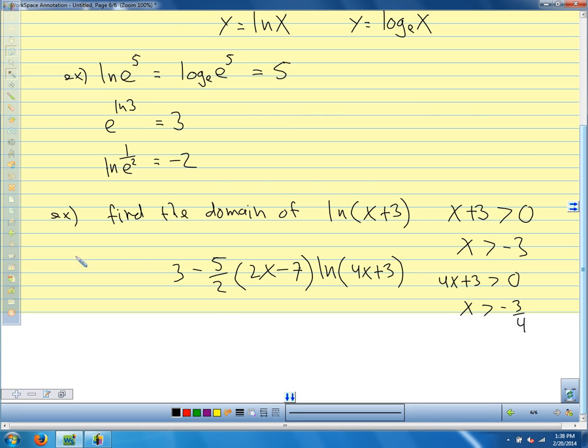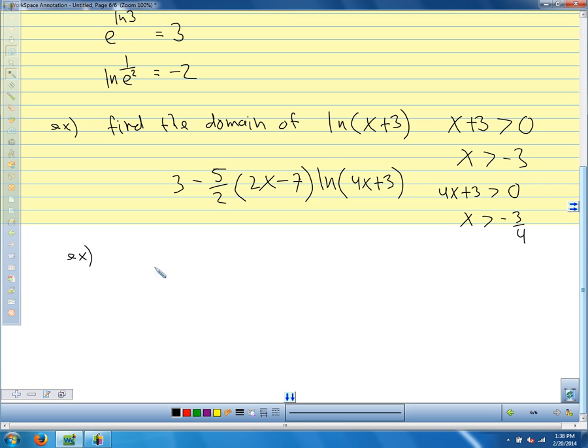And one last example. What if our problem said find the x-intercept of the natural log of x plus 3 minus 1?